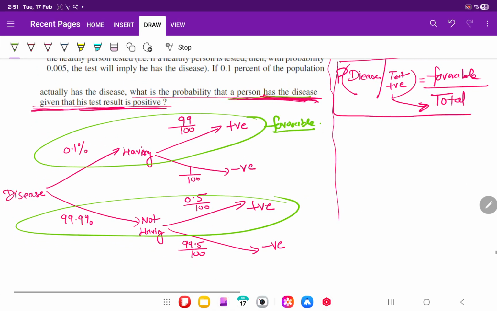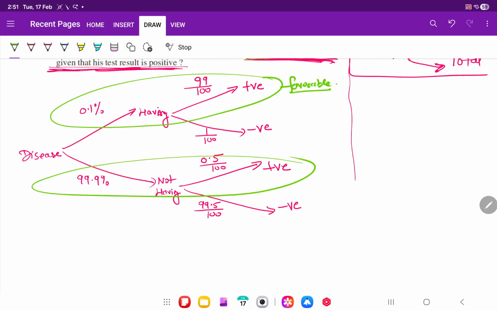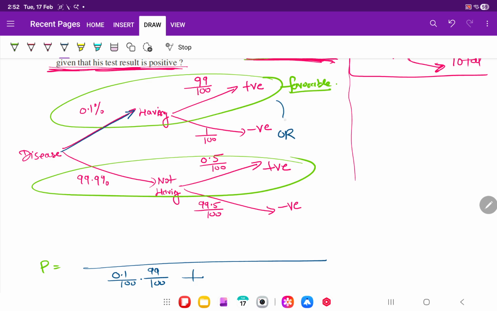So using this chart we will calculate the probability. Write down. So the probability is: first, maybe he is having it and came positive, so it is 0.1%, and between these two there is also not having and still came positive.